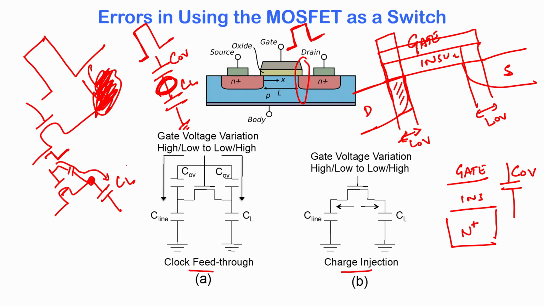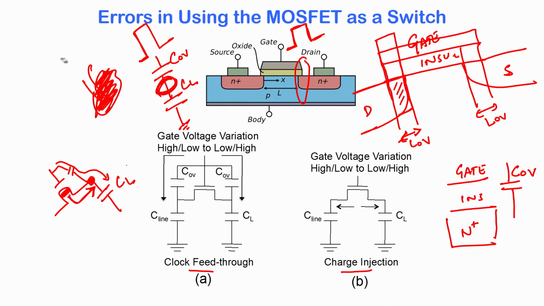But there is another error, and that is the charge in the channel will also exit the MOSFET and will also jump into this capacitor here, and it will also corrupt the data on the capacitor. Now, which of these is a bigger problem? Okay. The bigger problem in some sense is the charge injection.